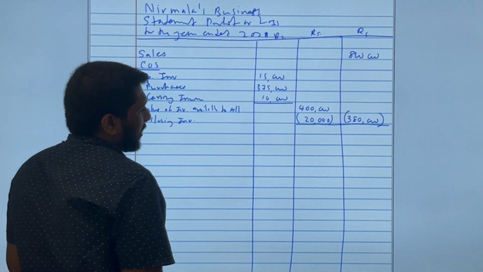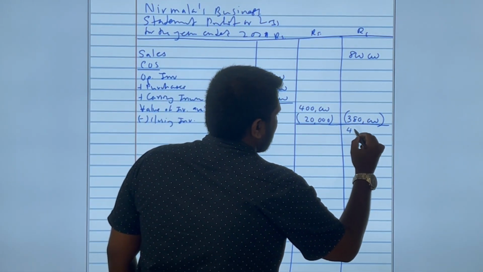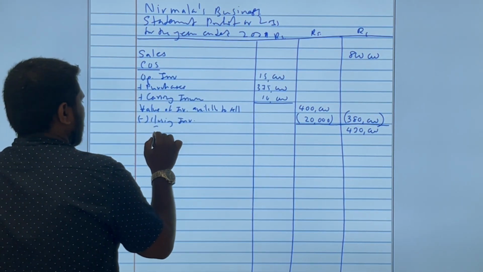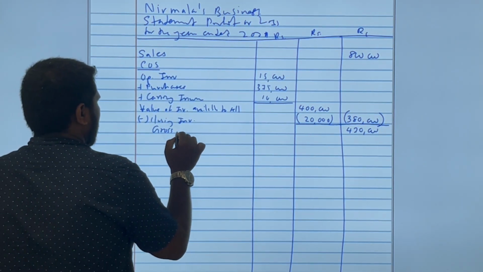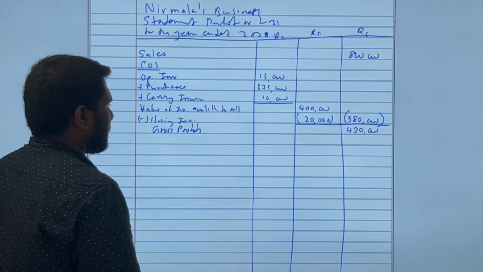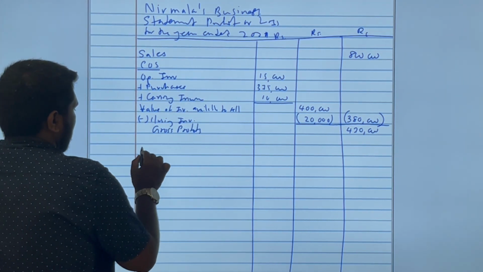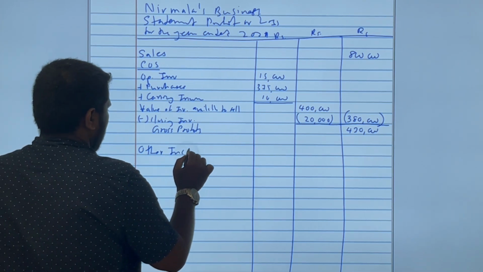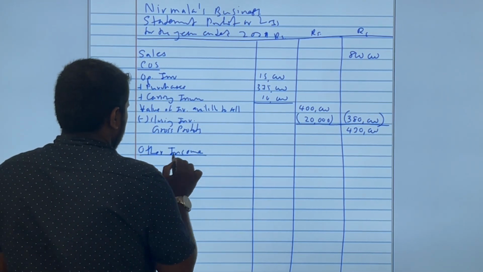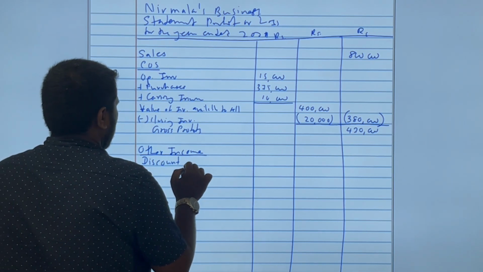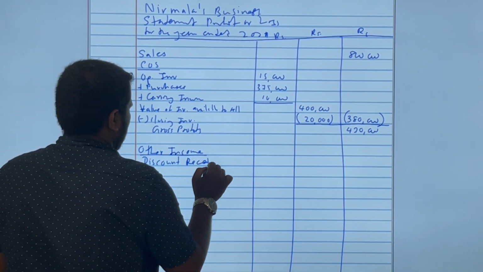Gross profits are 420,000. Now you have to take the other income. In this question we have one other income, which is the discount received.